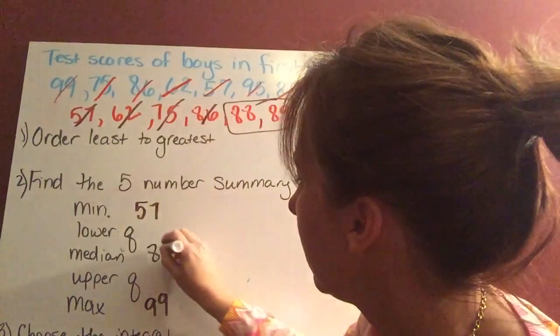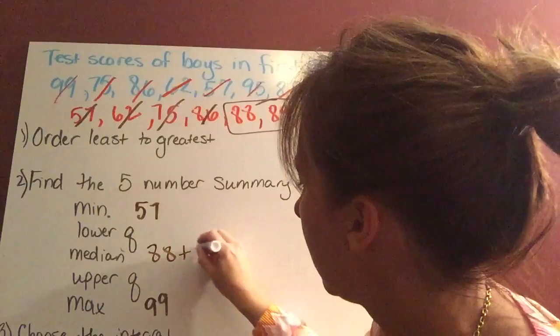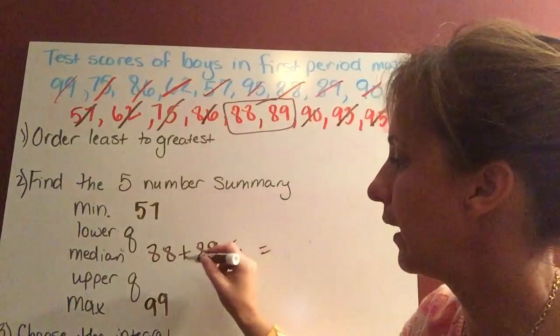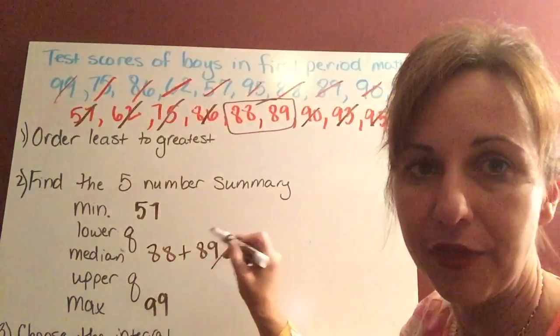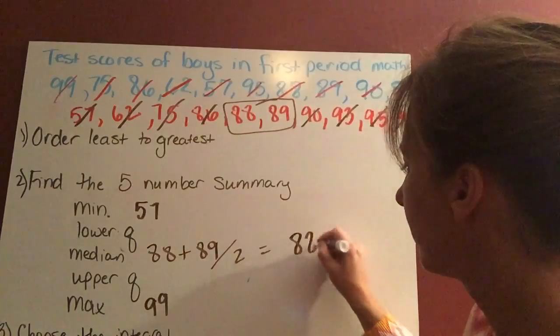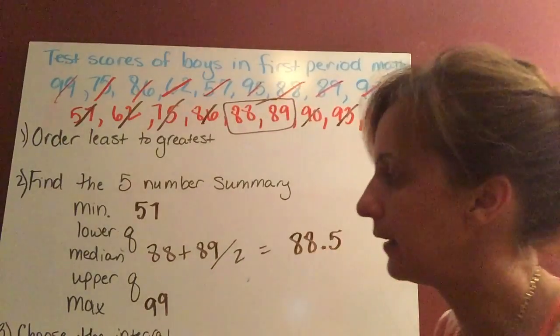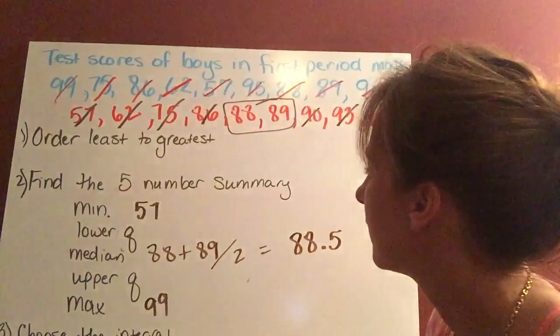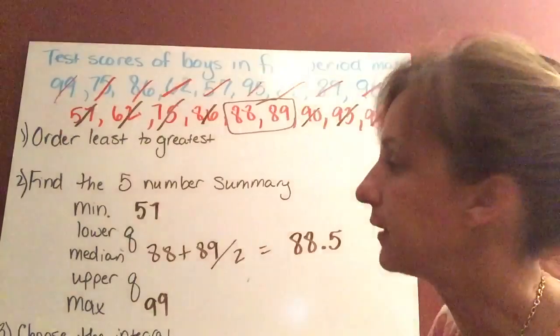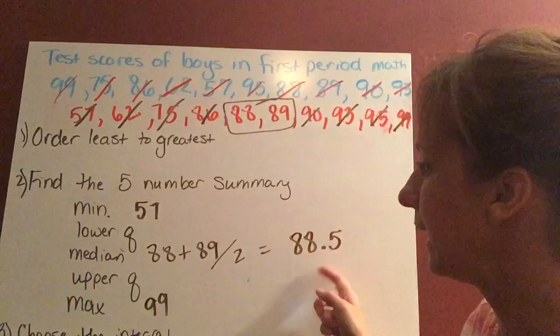So the median is 88 plus 89, and that divided by 2. Well, I know without doing this math that the middle of 88 and 89 is 88.5. So that is our median. If you want to get a calculator and add those two, or add them off to the side and divide it by 2, it will be 88.5.